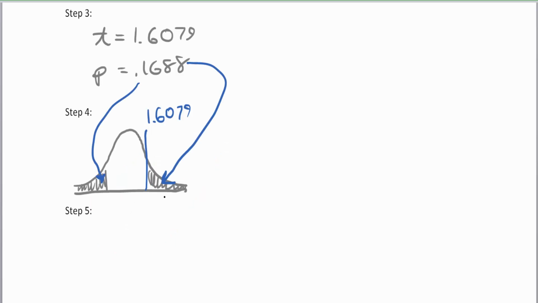Well, we tried our best because we gave alpha the best chance of giving us a reason to reject the null hypothesis. We went all the way to 10%. So here we have 0.1688. Well, that was greater than 10. So this is a do not reject the null hypothesis. Do not reject.